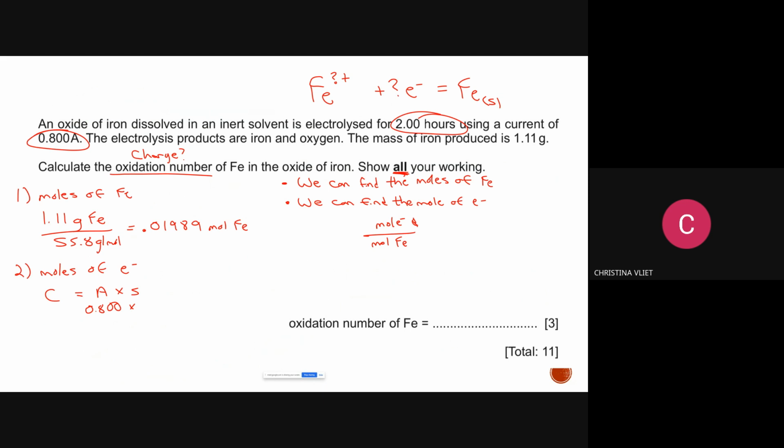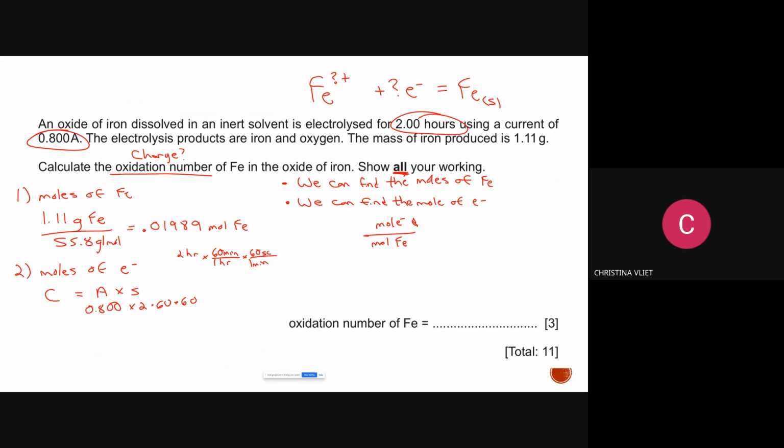You said it's 2 hours. So how do I get that to seconds? Ramon? Multiply by 3600. Or multiply by 60 to get to minutes, and then multiply by another 60 to get to seconds. So 2 times 60 times 60, right? Because 2 hours times 1 hour, 60 minutes, if you want the proof, times 1 minute, 60 seconds.